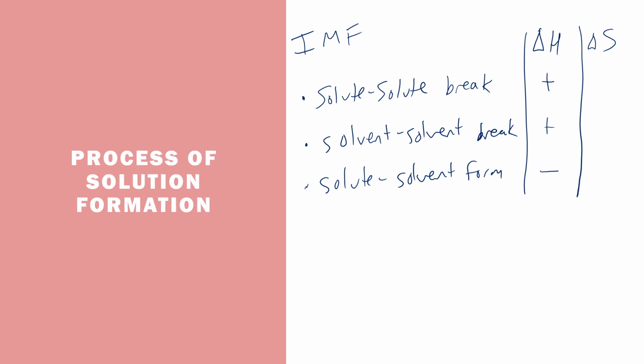Now, typically when you are breaking apart particles, you are giving them more potential arrangements in space, so that would give it a positive delta S. But when you're forming new interactions, there will be less potential arrangements because they're hooked together now, so that decreases the entropy.